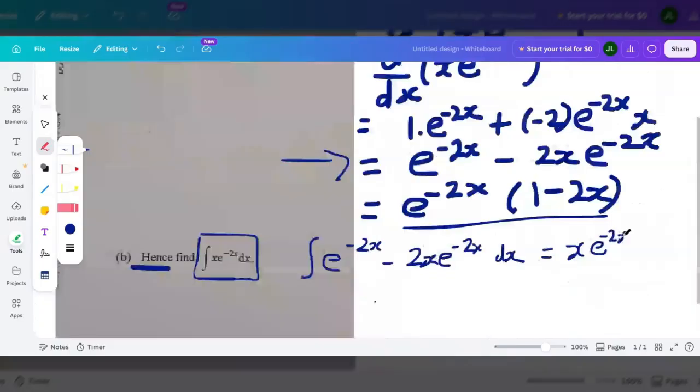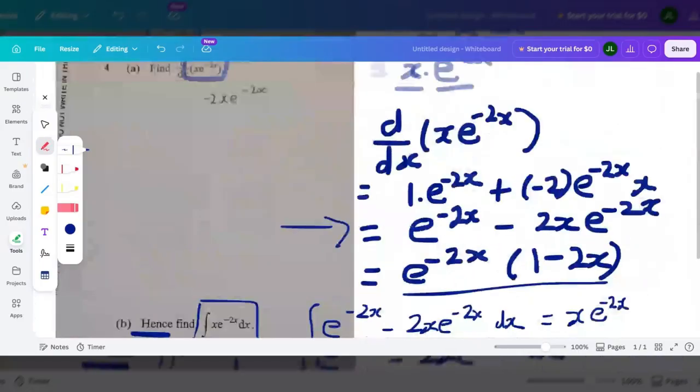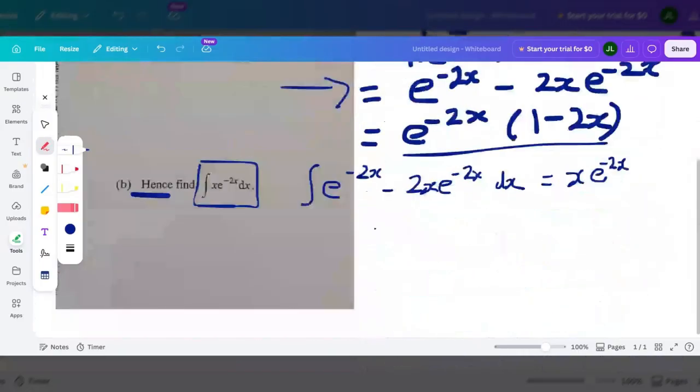All right. So I do not want you to put a plus C over here. The reason is because this actually came from this question. Since they want you to make use of the answer that you have just found, you can just do the inverse of the derivative, which is actually the original function.